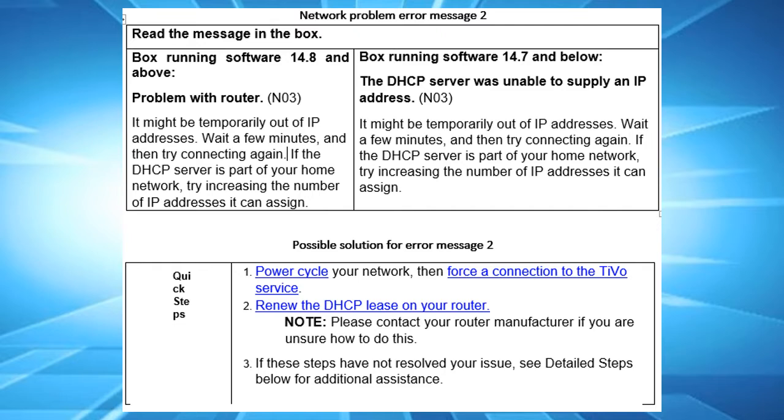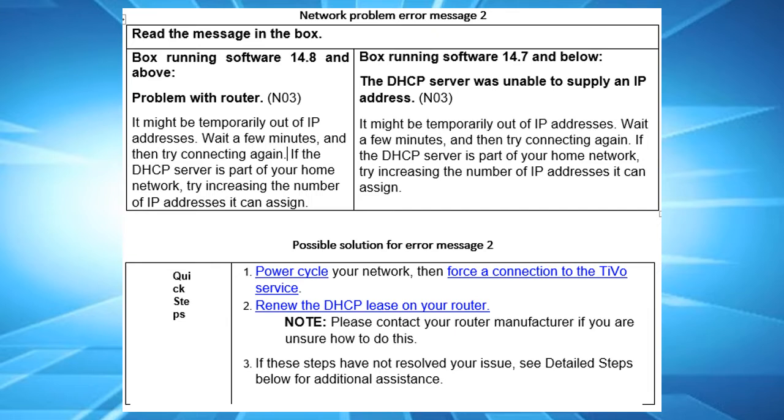This network problem error message is all about the IP addresses of our computers. It might be temporarily out of IP addresses, so wait a few minutes and then try connecting again. If the DHCP server is part of your home network, try increasing the number of IP addresses it can assign. The possible solution for error message 2: first, power cycle your network and then force a connection to the TiVo service.